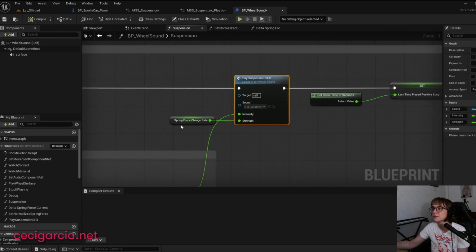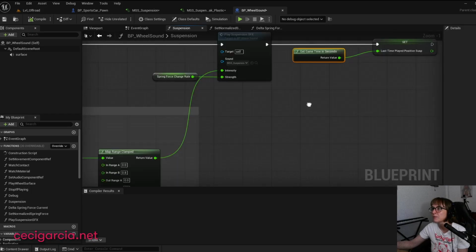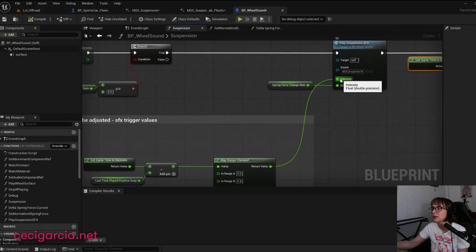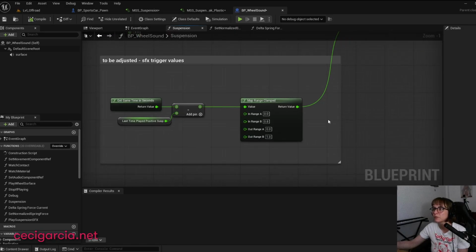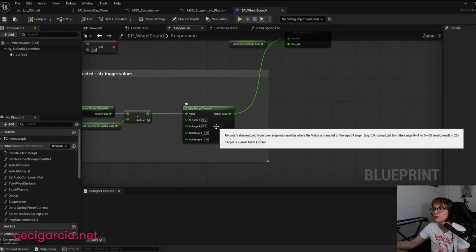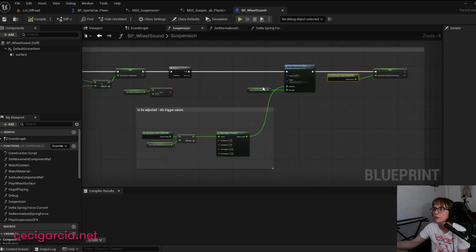So it plays the sound with the strength. Well, it sets the time, and also again for the intensity, we do this the same. Just that here I put 0.8 for the threshold. After, if it's a greater amount of time, the level will always be 1.